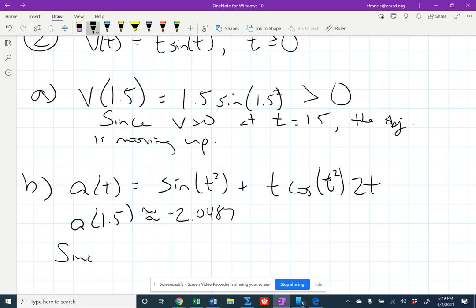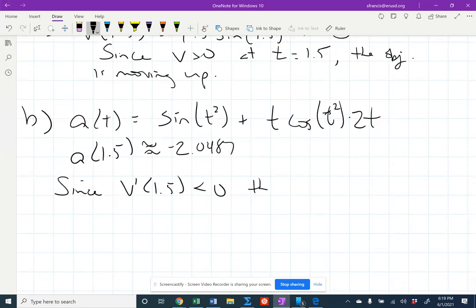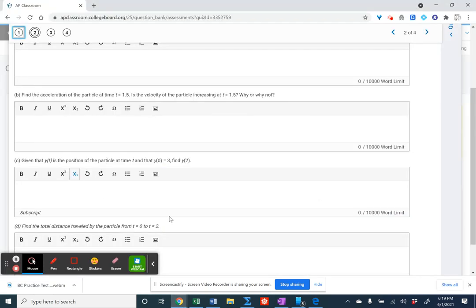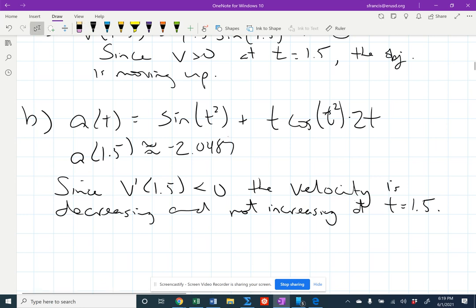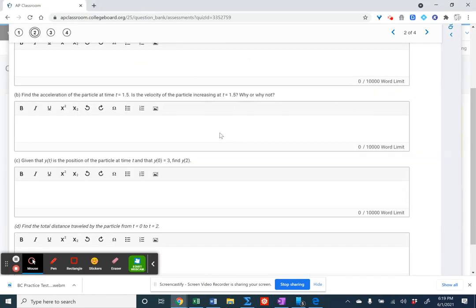And since v prime of 1.5 is less than 0, as I just showed, the velocity is decreasing. I'm going to look at the question really quickly because I think it asks increasing, decreasing, and not increasing? I guess that's a little redundant. It should be enough. Okay, but why did you get that wrong? Because you were thinking speed and they're asking you about velocity.